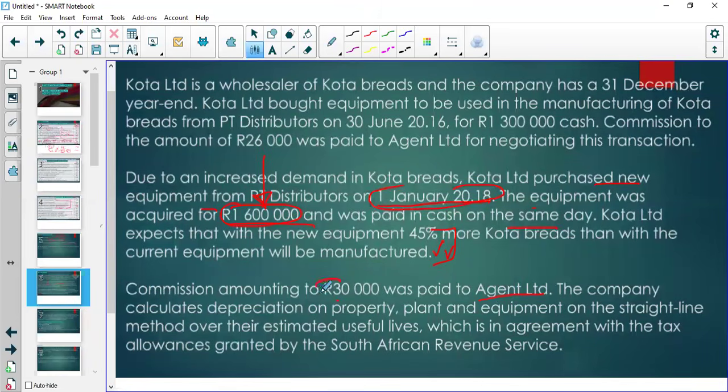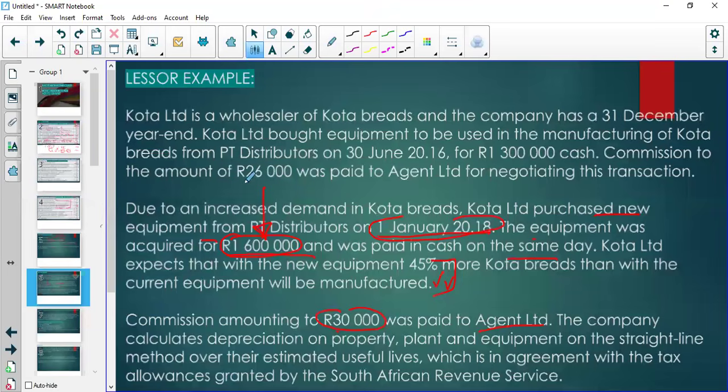So remember, the commission of 26,000 was paid on 30 June 2016, so maybe that was dealt with already. We cannot deduct it now. Please do pay attention to the dates. But this one is now being paid in 2018, so we need to know which year we are dealing with in our financial statements, which is our reporting year.